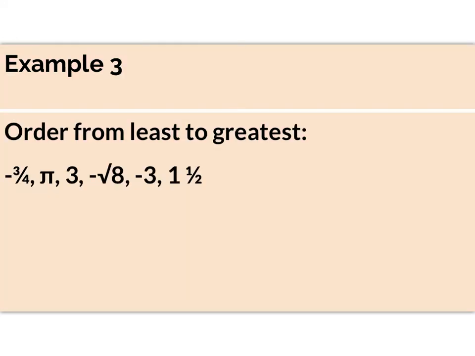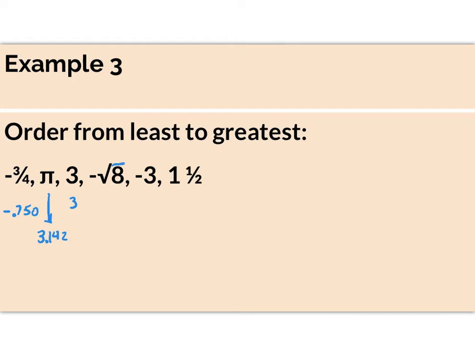Okay, order from least to greatest. So when you see numbers like this, what you're going to want to do is put them into decimal forms. And remember, we want to go out to the thousands place and round to the thousands place. So negative 0.75. We're going to make that negative 0.750. 3.1415 becomes 3.142. 3 is just 3.